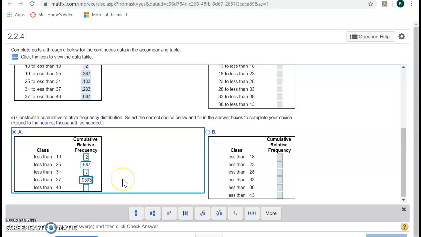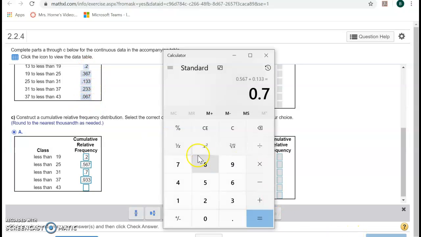Now, I already have added these four classes up and got 0.933. So now I just need to add all five classes up, and since I've already added 4 up, I'll go ahead and use that number, and then I'll add that last class, which is 0.067, and I get 1.